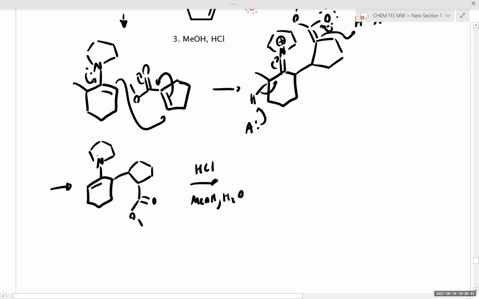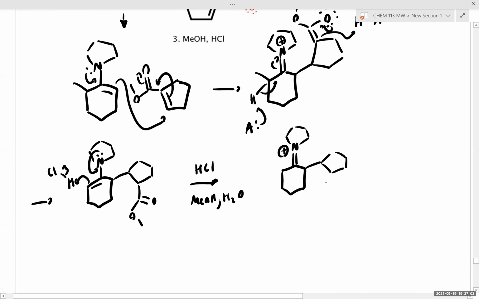Yeah, we can protonate the enamine. Yep, that's the first step. So from here, we now make our iminium ion. So what happens next? We now have this activated electrophilic iminium ion.